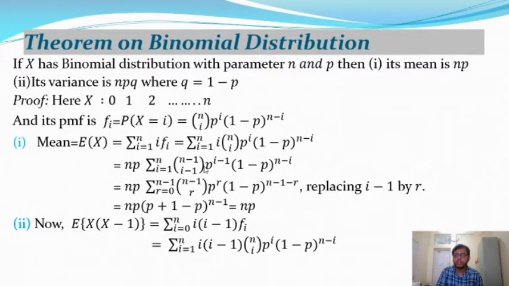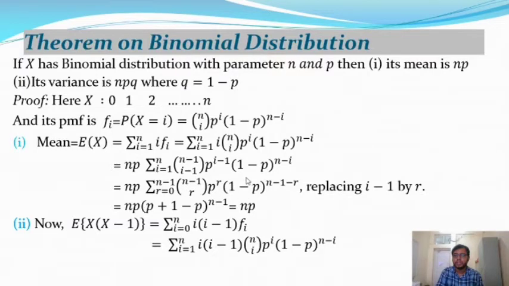So now replacing i minus 1 by r, we get the summation over r equal to 0 to n minus 1 of (n minus 1)Cr p to the power r into (1 minus p) whole to the power n minus 1 minus r.